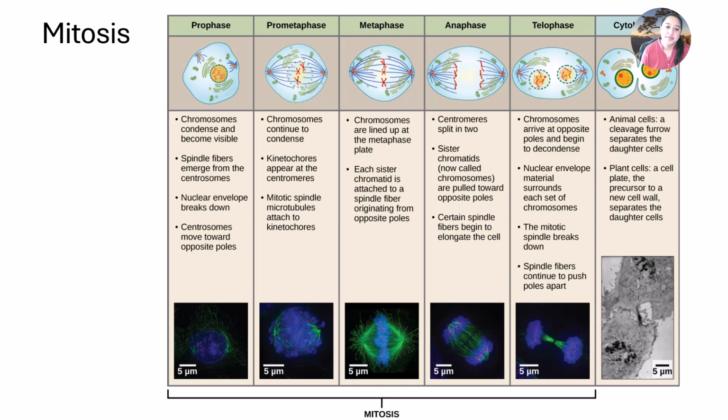So the chromosomes are now at opposite ends, and they start decondensing, so they go back down to just kind of like the loose yarn because they are safer with the nucleus starting to develop again. And then the spindle fibers start breaking down. And then cytokinesis is when the actual cytoplasm divides and gets separate.